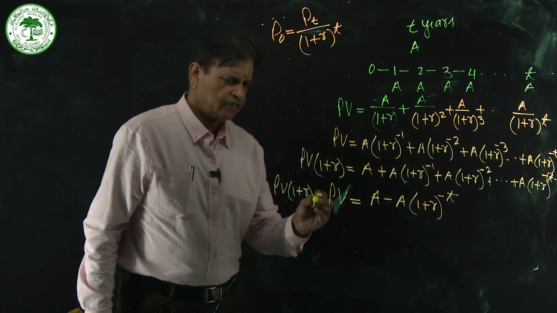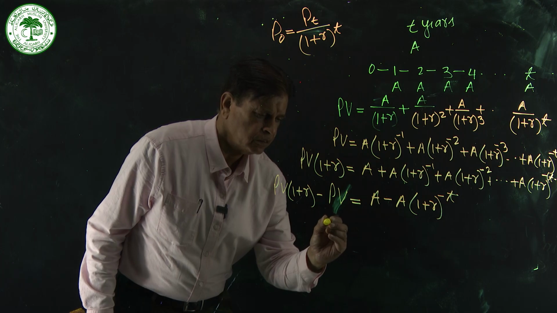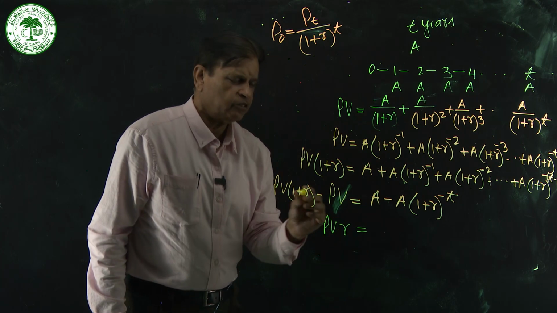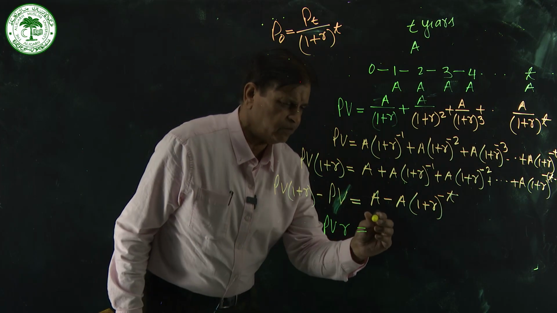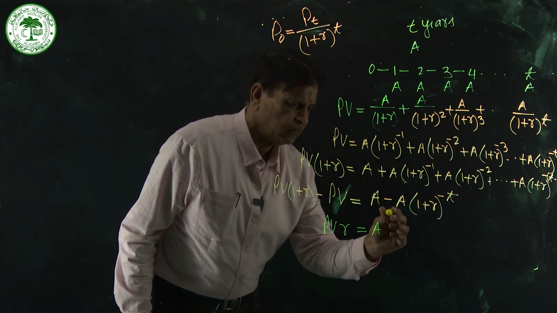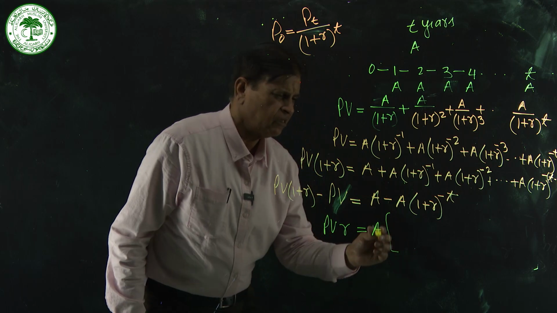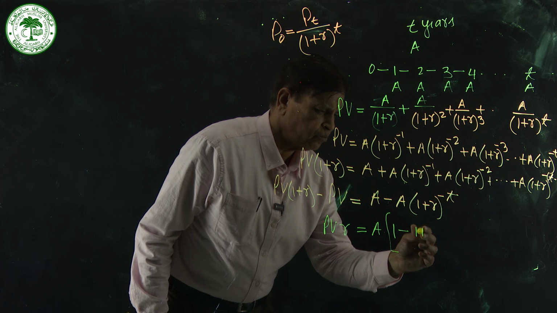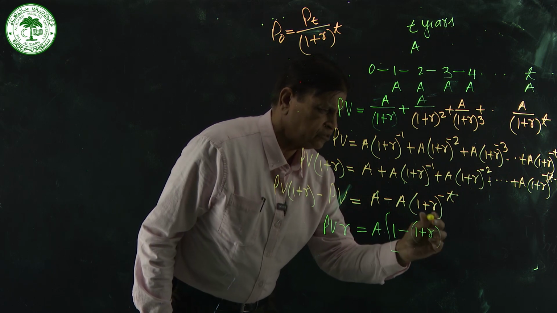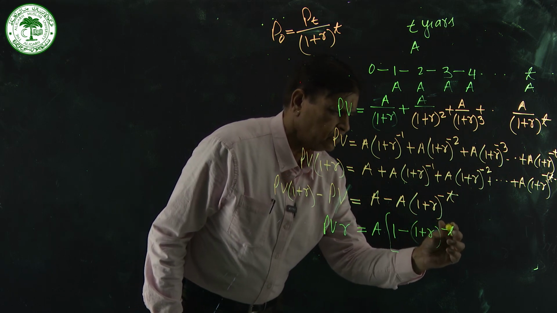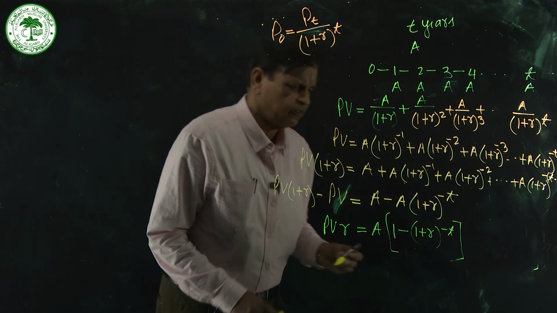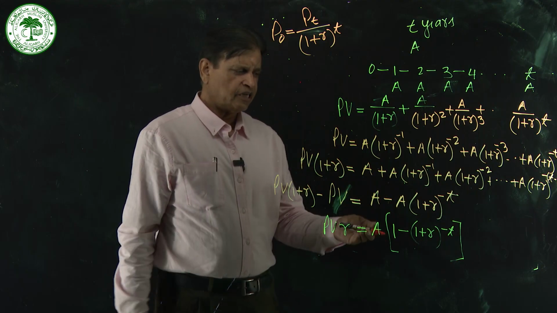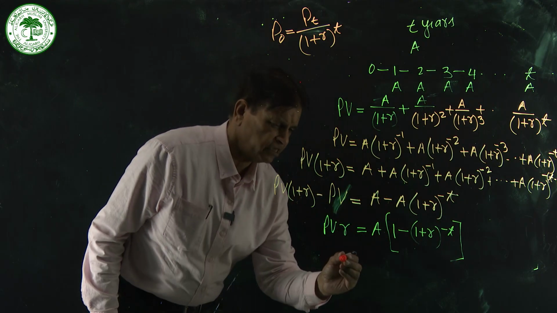So we can write it as PV·R, because if you take the difference, this is what we will have, and this will be A(1 minus (1+R) raised to the power minus T). If you take R on the other side, then this can be written as PV.